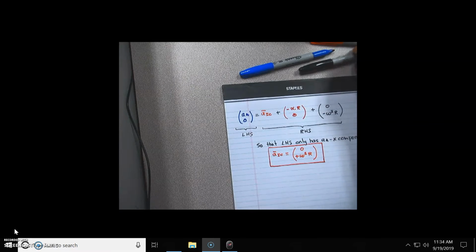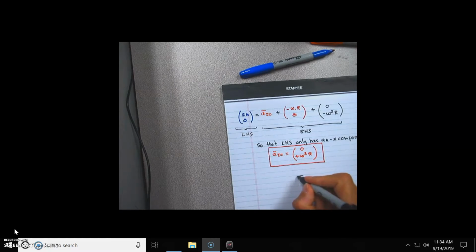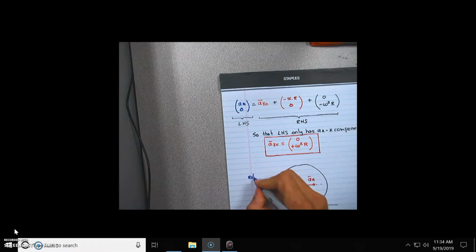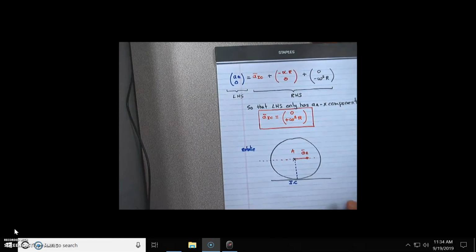Okay? So if I do a figure, we know the acceleration of point A is only translation, and this point over here, from which it is rotating, this point here is an instantaneous center.